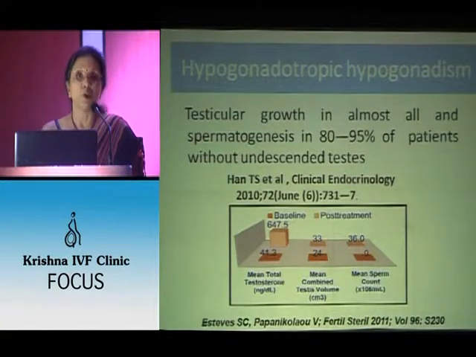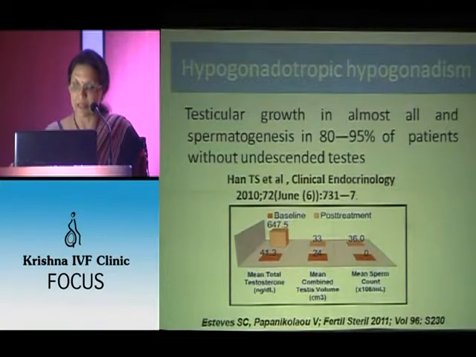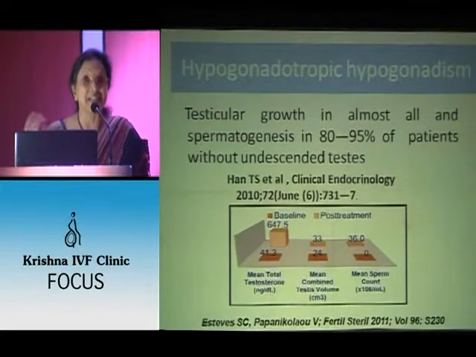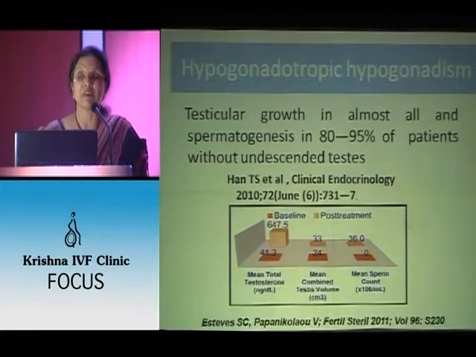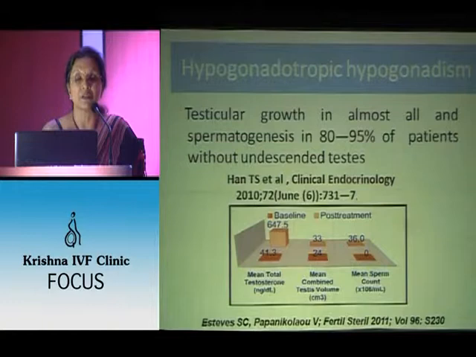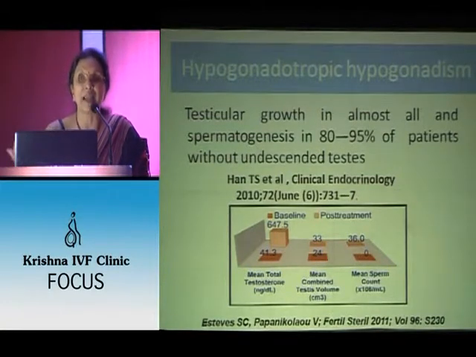The testicular volume combined of both testes from 24 to 33 cubic centimeters, and mean sperm count can go up from 0 to 36 million, where we say that they can father a child without having to undergo any help from any method of ART.